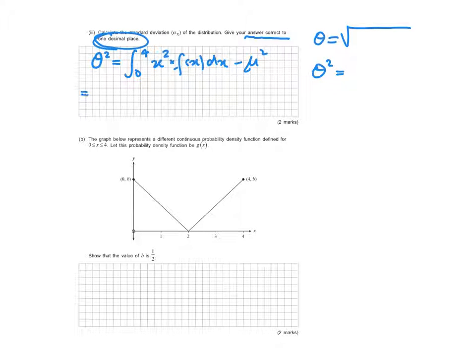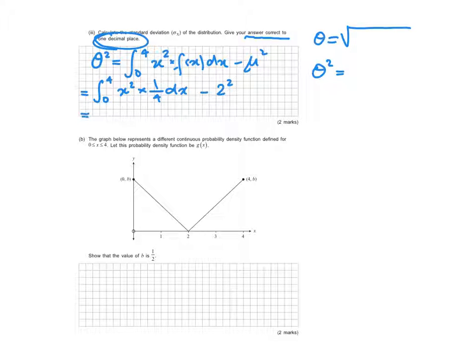So let's do this. We replace: the integral from 0 to 4 of x to the power of 2 times 1 over 4 dx, take away the mean to the power of 2, which is 2 to the power of 2.